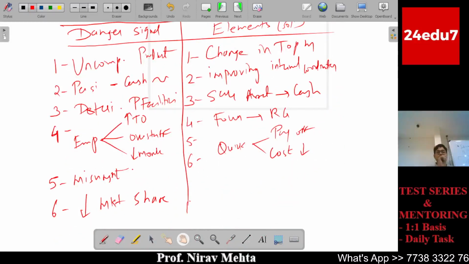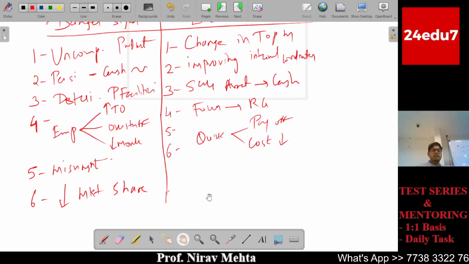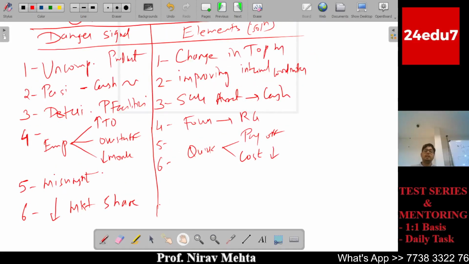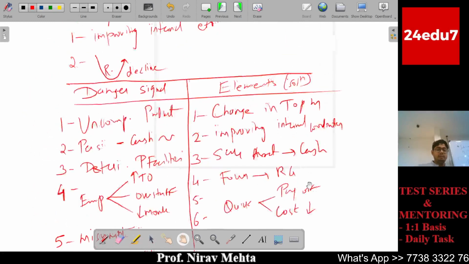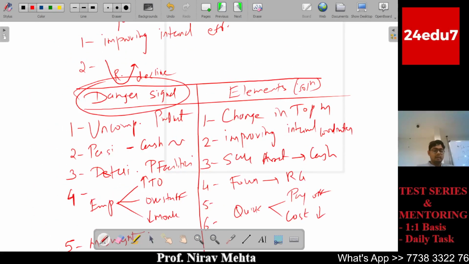Uncompetitive product, persistent negative cash flow, deterioration in physical facilities, employee turnover high, overstaffing, low morale, mismanagement, and decline in market share. Elements: change in top management, improving internal coordination, sell asset to generate cash, focus on revenue, quick payoff activity, and quick cost reduction methods. Correct? Okay. This you will write as L1. This you will write as L2. Correct. Write super fast.